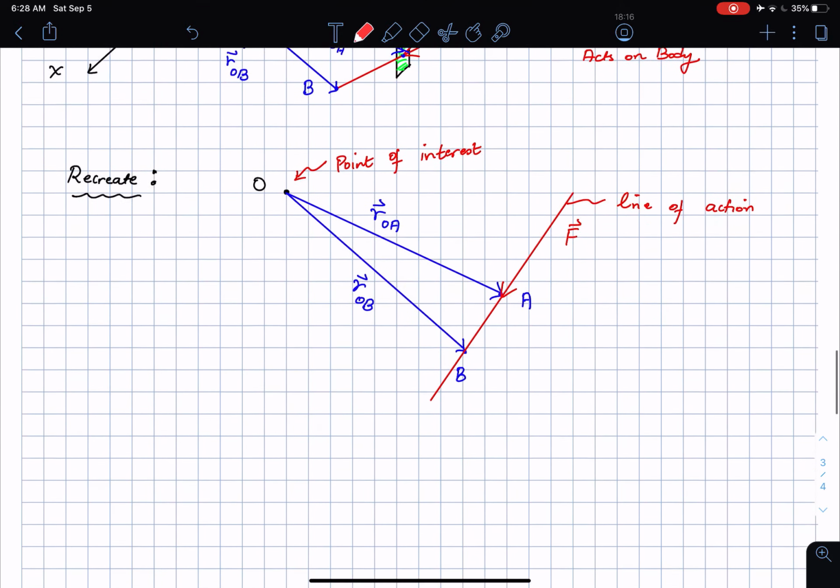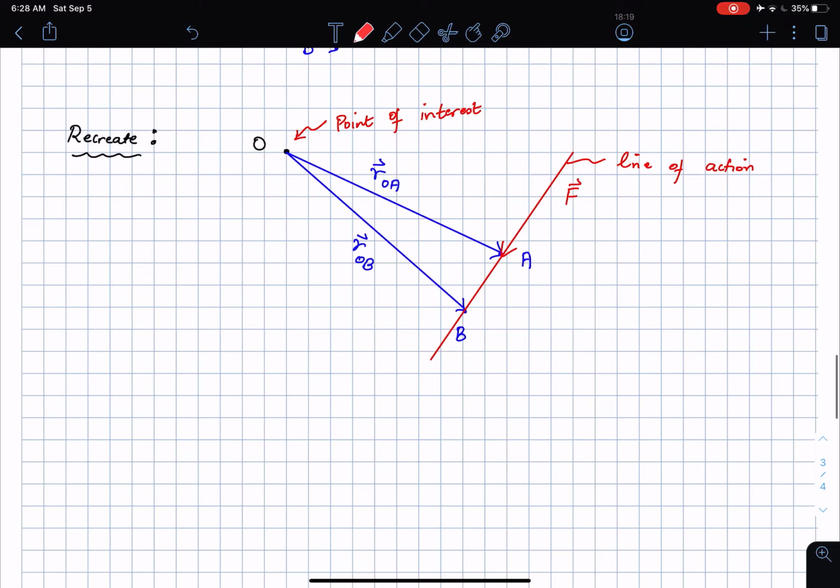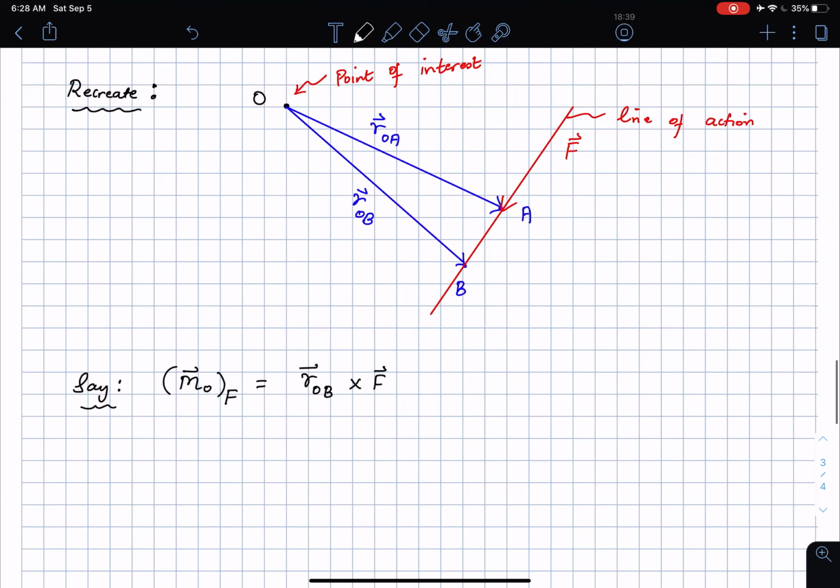All right, so here is what I'm saying. The moment about the point O due to the force F is going to be the position vector R_OB cross the force F. Now here is what I can further say.